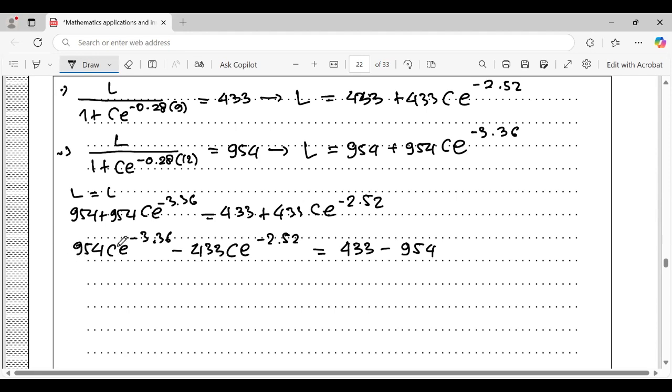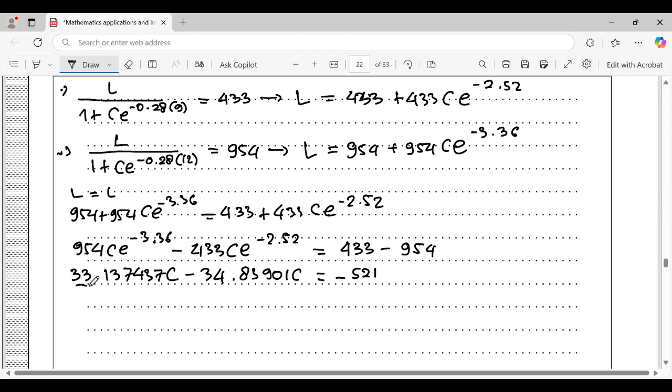And if you calculate this, find e to the power minus 3.36 and e to the power minus 2.52, we will get this number: 33.13747 C minus 34.83901 C equals minus 521.